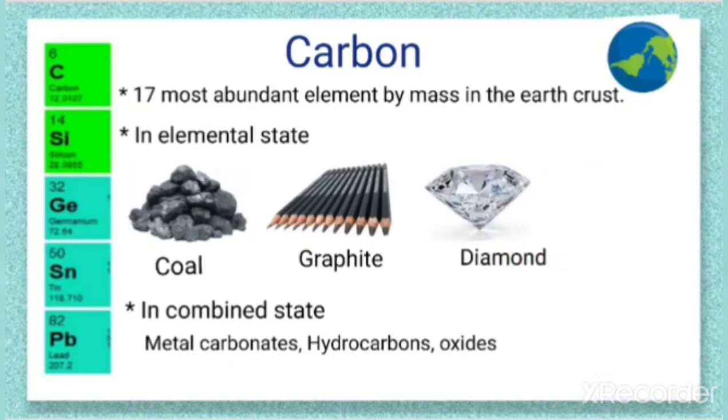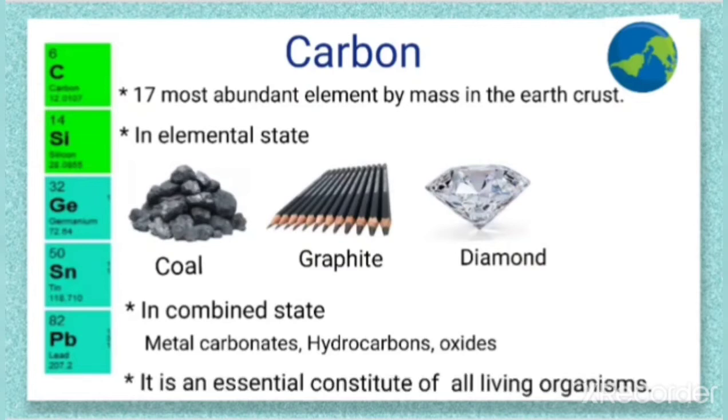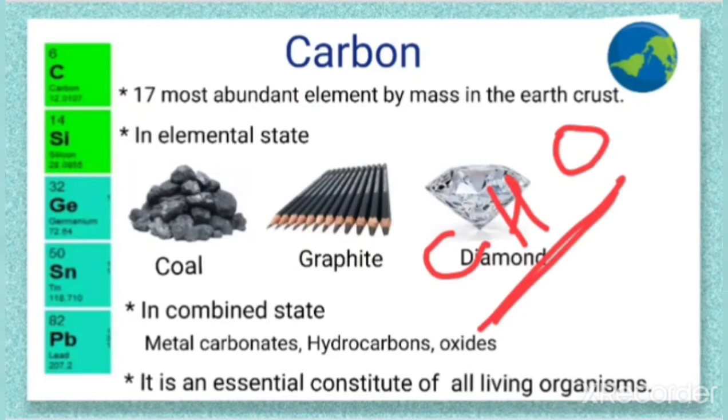It also exists in the form of hydrocarbons. Next, it is the essential constituent of all living organisms, because living organisms are usually made up of three elements, that is carbon, hydrogen and oxygen. The combination of these three elements gives the organic compounds.